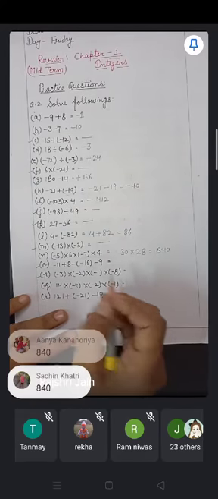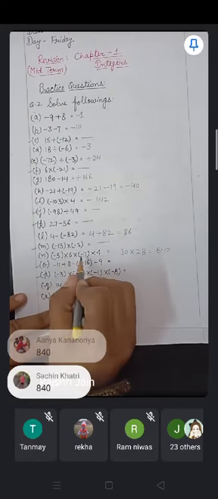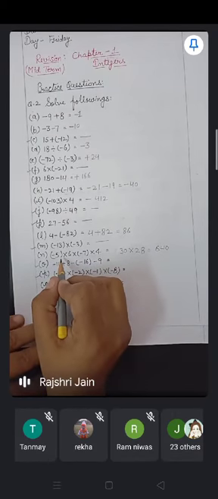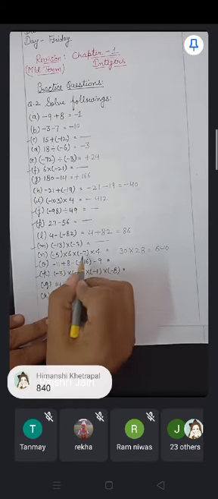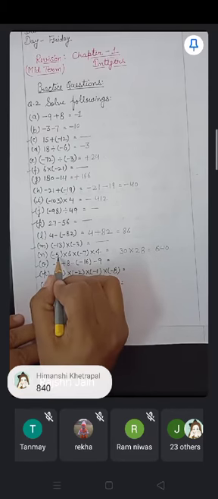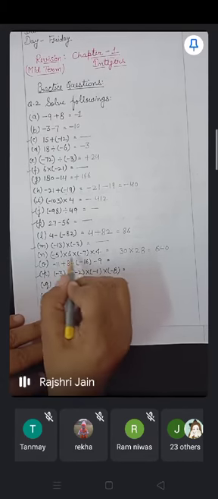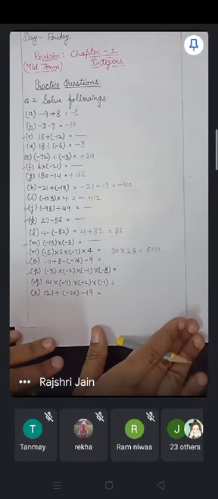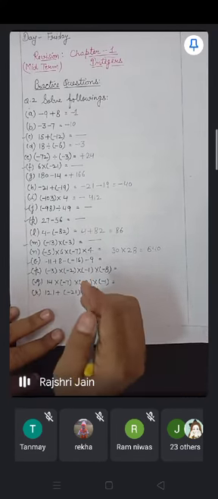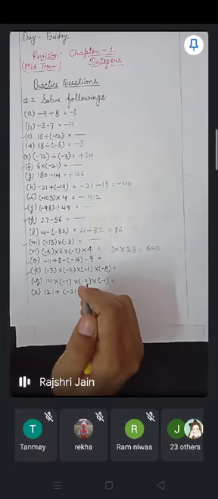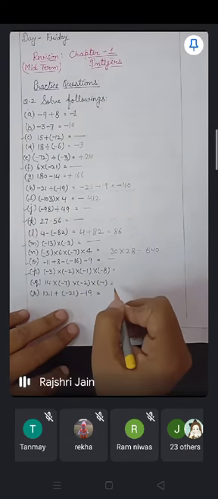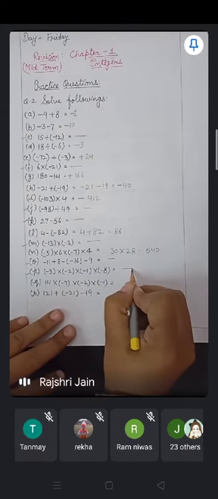You can see two negative signs are present there. You don't have to look at whether the negative integer is odd or even. You can see 5 and 7 are both odd, but no, we have to just count the number of negative signs. If that number is even, a plus sign will come, and if that number is odd, a minus sign will come. Then this question you have to do yourself.